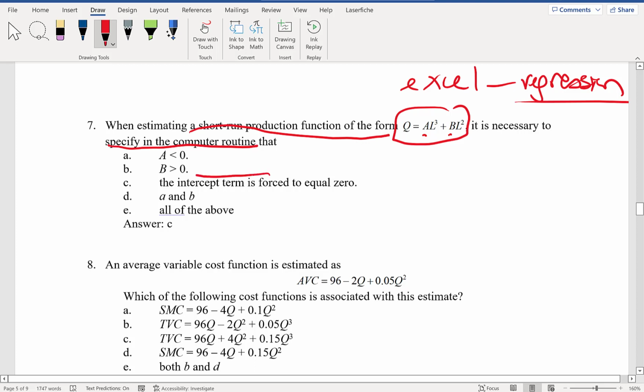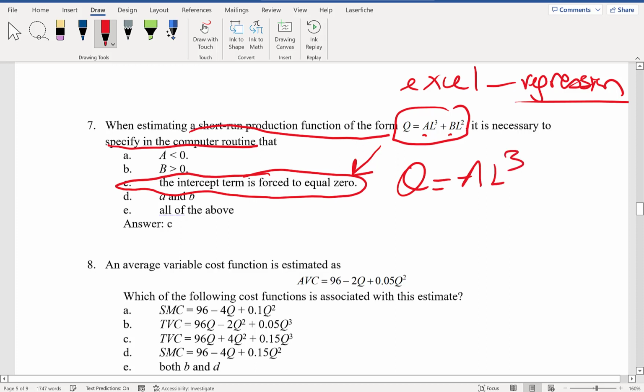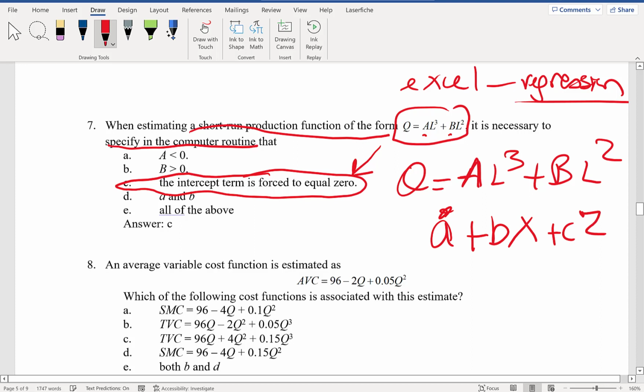But you have to make an adjustment. Remember, in the lectures, the intercept term is forced to 0. Why? Because there is no intercept here. Do you see an intercept? A, little a plus b, bx plus c, whatever.